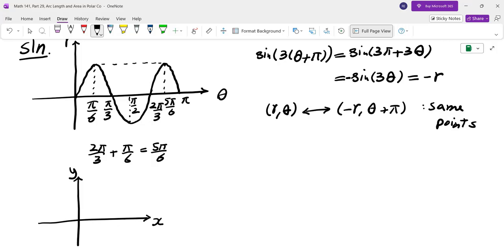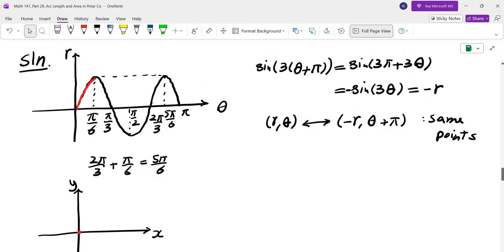On the xy plane, we'll start from this piece. This piece starts at the origin, so theta and r are both 0. It goes all the way to theta equals pi over 6, so maybe right here. So we get something like this, and the distance is in fact 1.